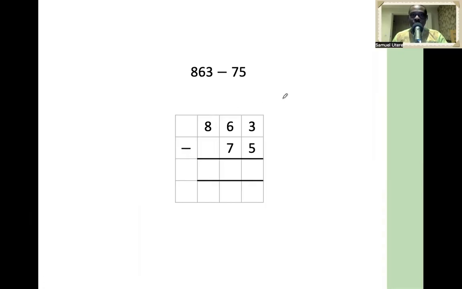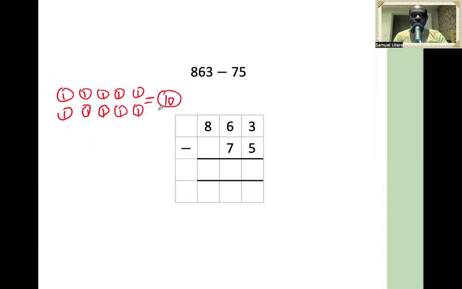I'm sure you remember that if we have our place value counters here, 10 ones is equal to a place value counter that is 10.